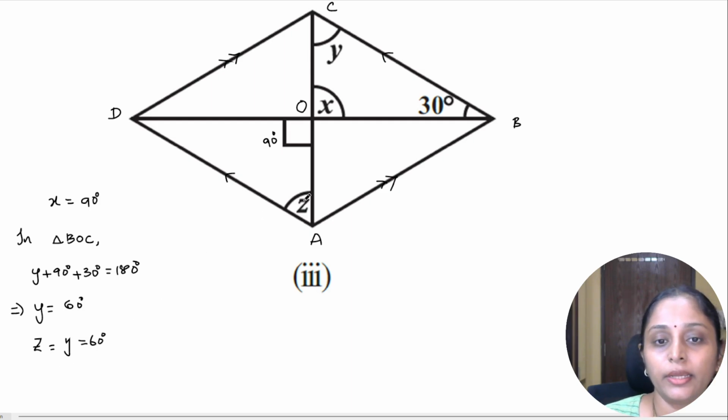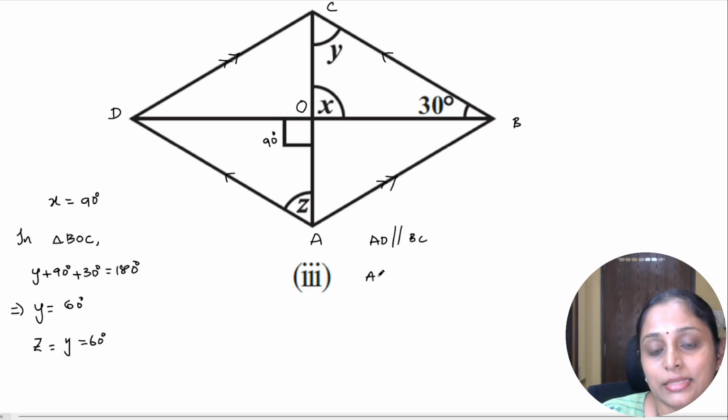I'm going to repeat it. If you consider AD and BC, you know that these two are parallel, because it's a parallelogram, it is given to us. And now consider AC as the transversal. You can extend it if that makes you comfortable.